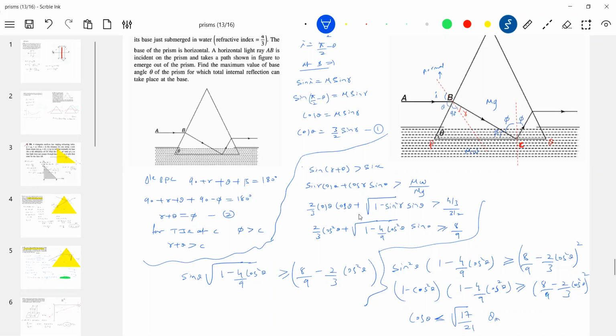So theta max will be cos inverse of that. I have the answer, I didn't solve it. I'm writing it. You have to verify it.